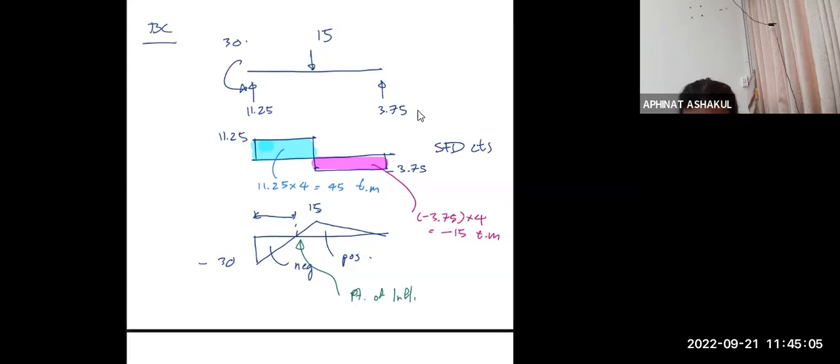The negative area is this kind of curvature, correct? That's your negative curvature, the frowning beam. And the positive area, you have that positive curvature. So surely your frame, the member BC should go like that, according to your bending moment diagram.